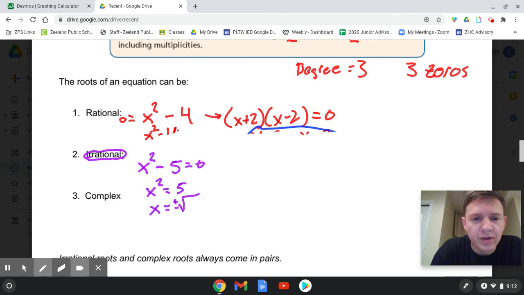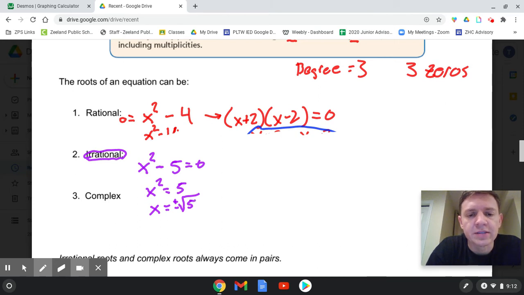And we can't simplify the square root of 5, so x equals plus or minus the square root of 5. So that's an irrational number, but we still have a positive and a negative square root of 5 there. And of course, that can't factor. So that would be an example of irrational roots.